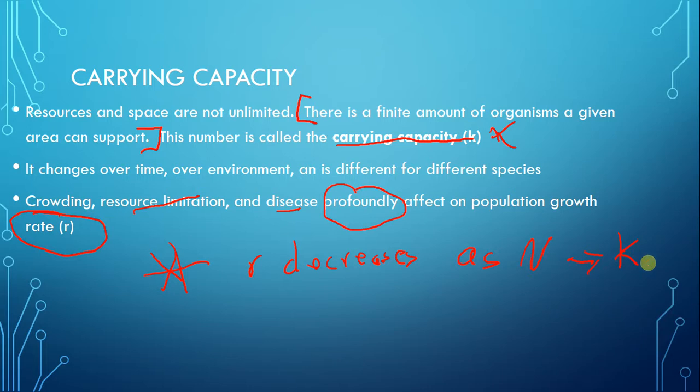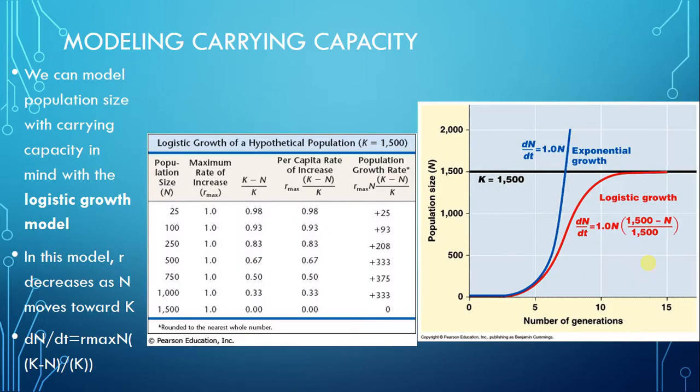The population will grow less rapidly as the number of individuals in that population approaches the maximum number of individuals that the environment can support. That's just using some deductive reasoning, okay? All right, that's the basis of our modeling our carrying capacity.